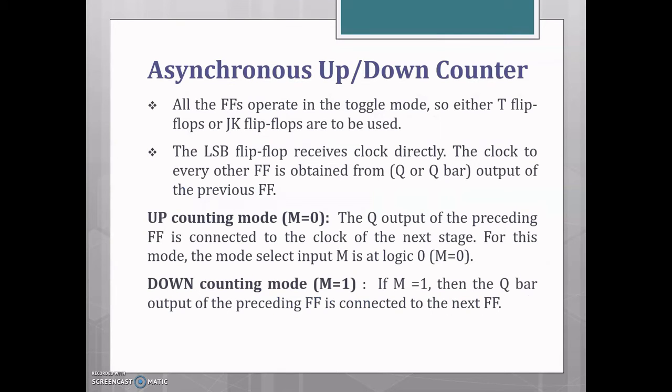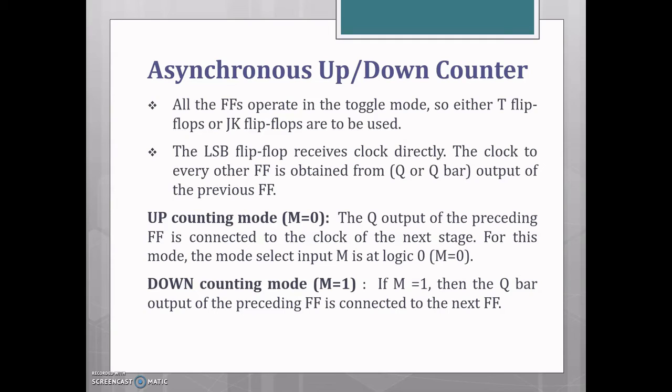The next type of counter is the asynchronous up-down counter. This counter counts in both directions, that is upward as well as downward, so it is also referred to as a multimode counter. This counter has two modes depending on the value of the control signal M. When the M bit is equal to 0, it acts as an up counter.